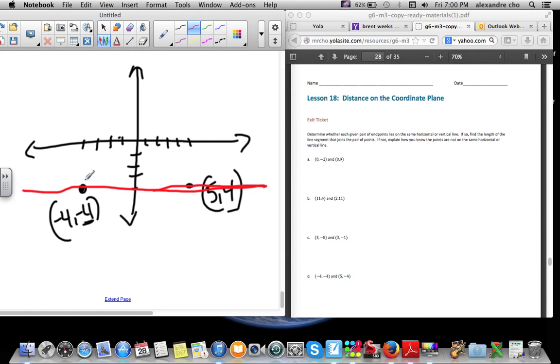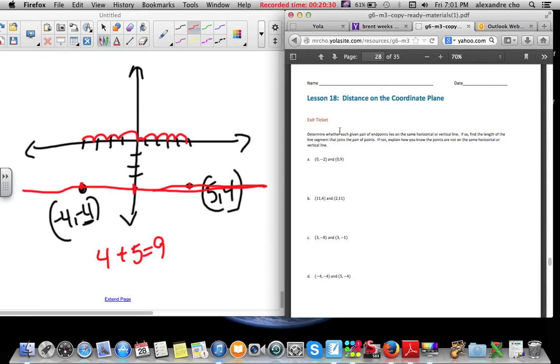And how far are they from each other? Well, you can just count. From here to the y-axis is 4 spaces. From the y-axis to this point is 5 spaces. So a total of 9. You can count: 1, 2, 3, 4, 5, 6, 7, 8, 9. That's how far they are from each other.